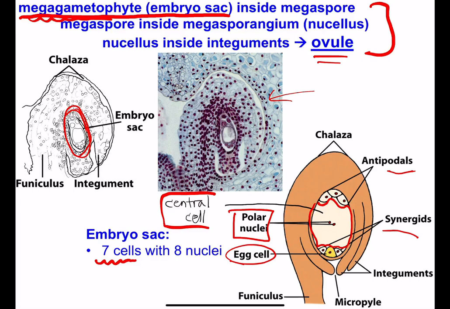The most important thing to know is that an embryo sac is composed of 7 cells, and one of those cells is not exactly haploid. This central cell right here has 2 haploid nuclei. There's one right there, and one right there.